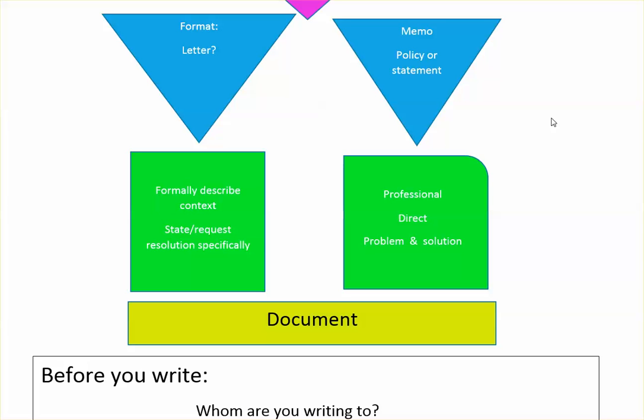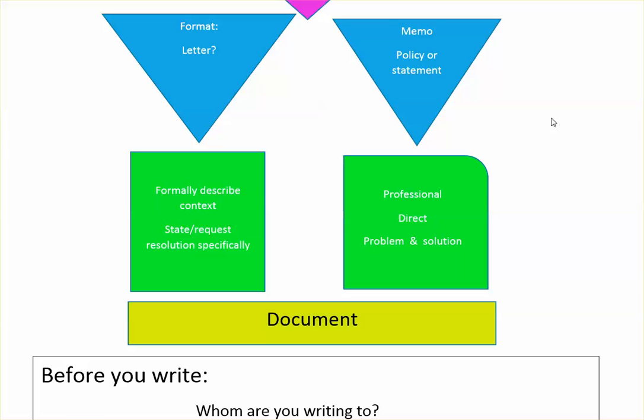If I look at the memo, I need to keep a professional tone. Those of us who have a gift for sarcasm, we better check that. That's not something that we need here. I do need to speak directly. That doesn't mean it's got to be an individual memo exactly as we talked about in our prompts.